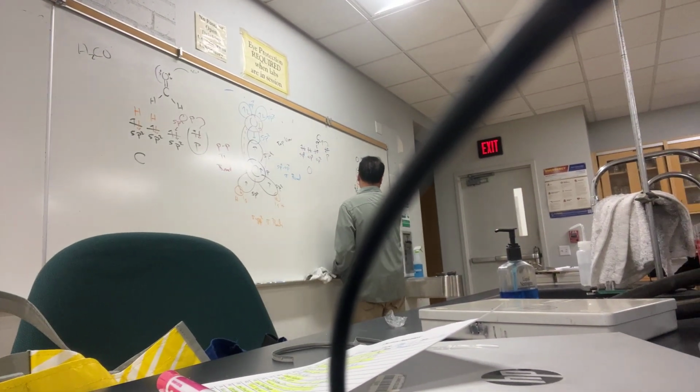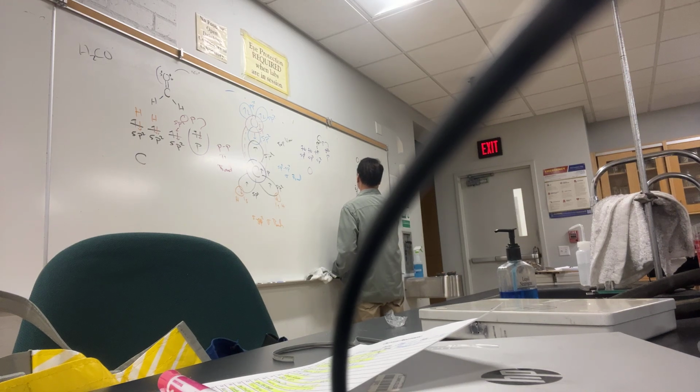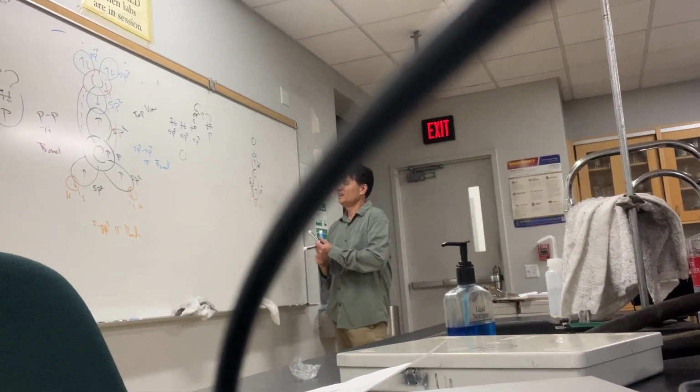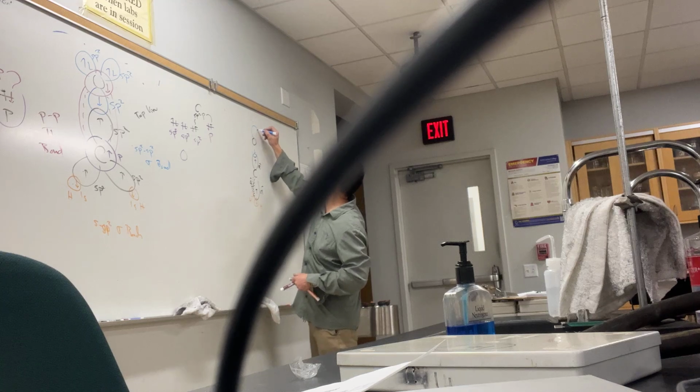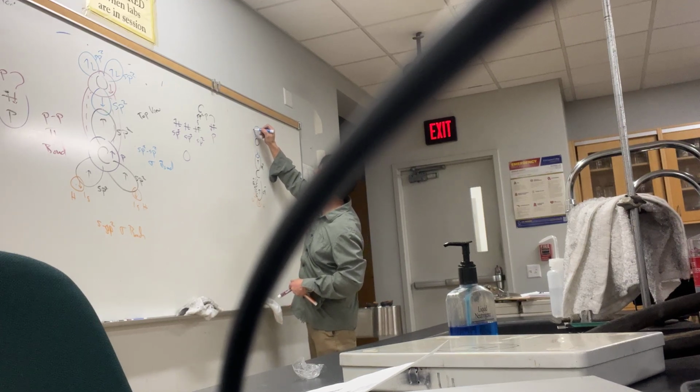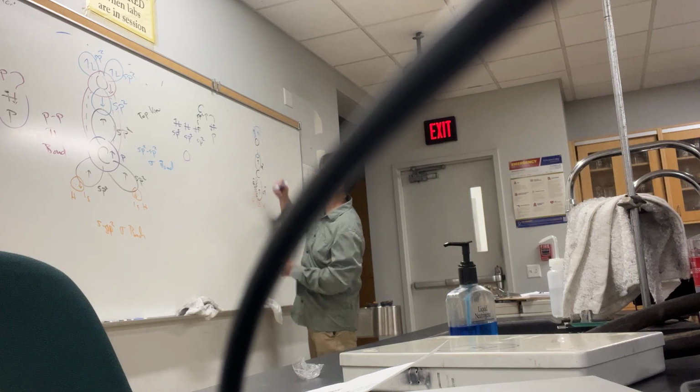What it's going to do is show the p orbitals in profile. So now I'm going to have a p orbital here on oxygen, and the p orbital on carbon here.